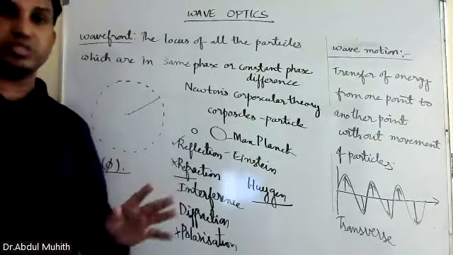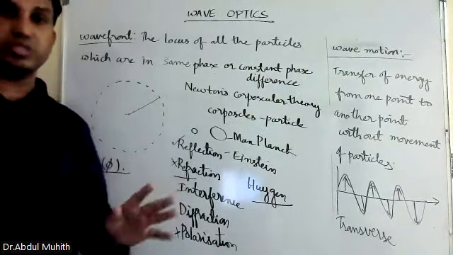In constant phase difference, suppose this is one wave and the second wave is like this. So this is said to be constant phase difference. It means there is some angle between them, that is, leading or lagging of a wave.